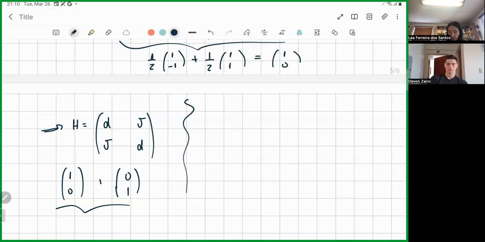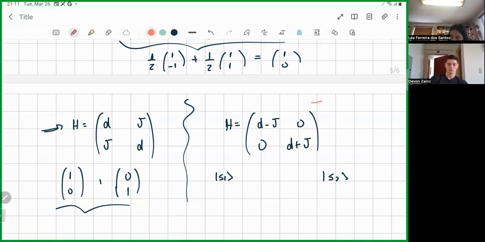Now, I can always choose different bases. If I write my Hamiltonian in this other basis, the S1 and the S2 that we found, the same Hamiltonian becomes now D minus J, D plus J. So it becomes diagonal. When I use these, the eigenstates of the Hamiltonian, as the basis, the Hamiltonian is diagonal.